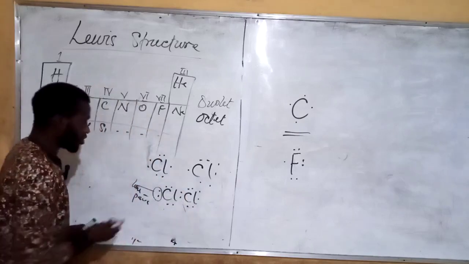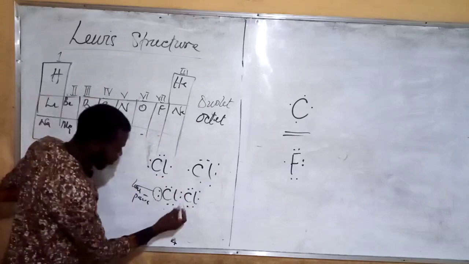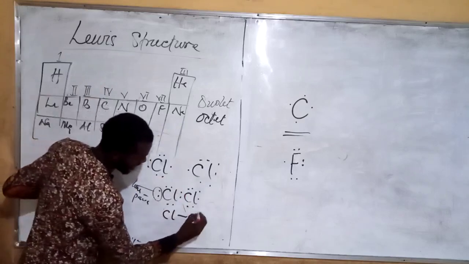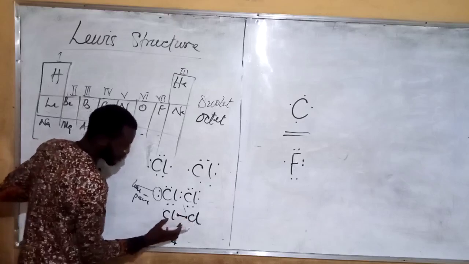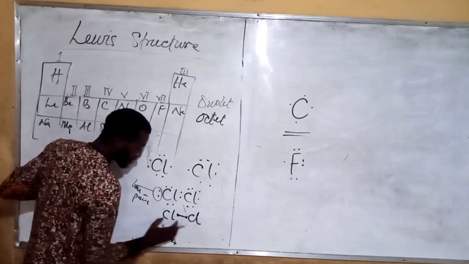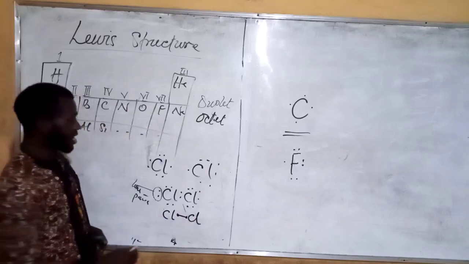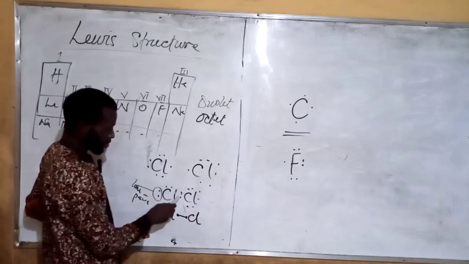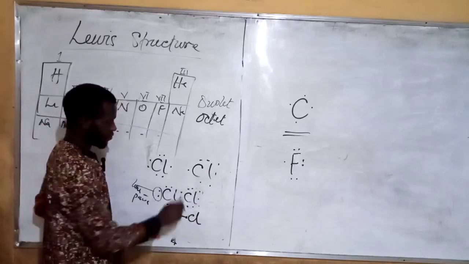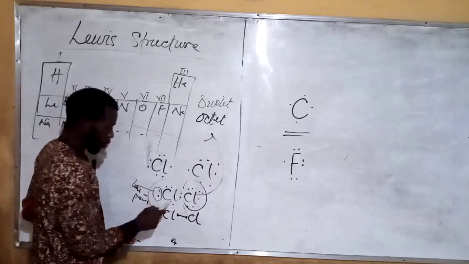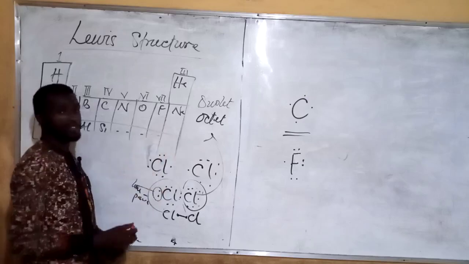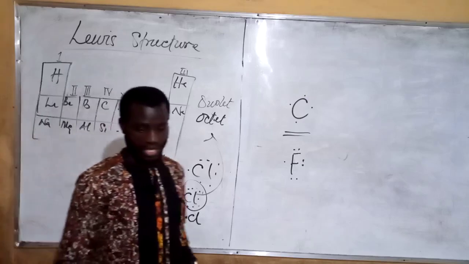So in order to show this, we basically just use a line to show that these 2 electrons belong to the first chlorine and the second chlorine. So when we are counting the number of electrons that this atom has, we count 1, 2, 3, 4, 5, 6, 7, 8. So a stable octet has been attained. For the other atom as well, we count these 2 electrons as part of its electrons to attain a stable octet.